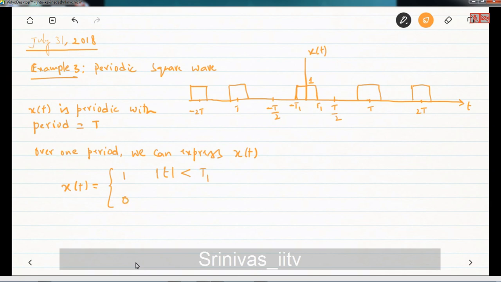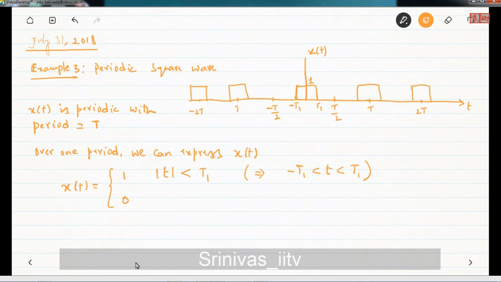If t is greater than minus T1 and less than T1, it is 1. That I can represent simply as modulus of t less than T1.